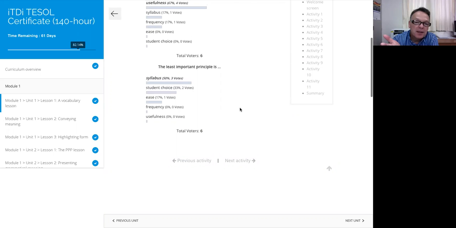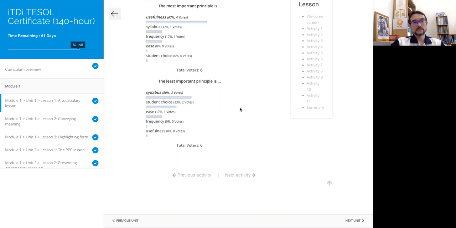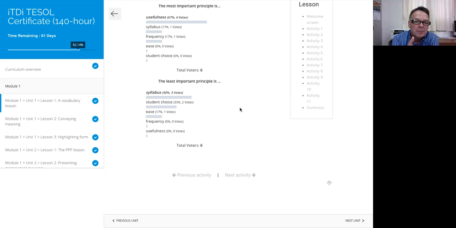I guess, yeah. And something that this makes me think about is that learning vocabulary shouldn't be just a random kind of activity. The students should have some kind of vested goal or reason for studying vocabulary. And maybe the weakest argument is the one that says it's going to be on the test.